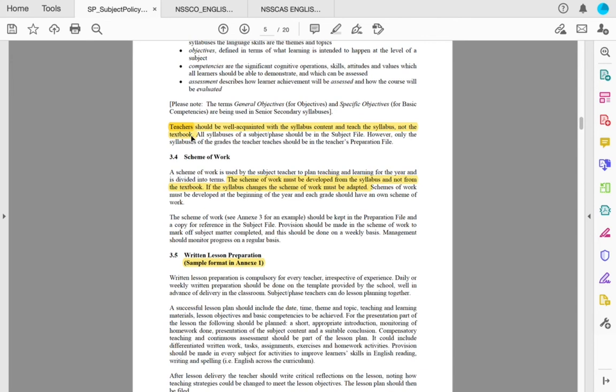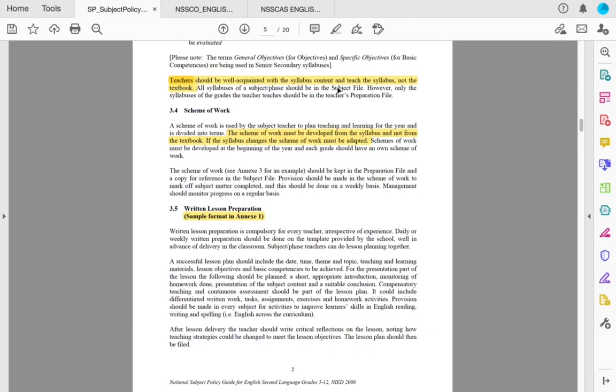But be sure that your teaching is guided by the syllabus rather than the textbook, because in the end, your students, in the final examination, will be assessed based on the components of the syllabus. Do not disadvantage your learner by focusing on the textbook only.